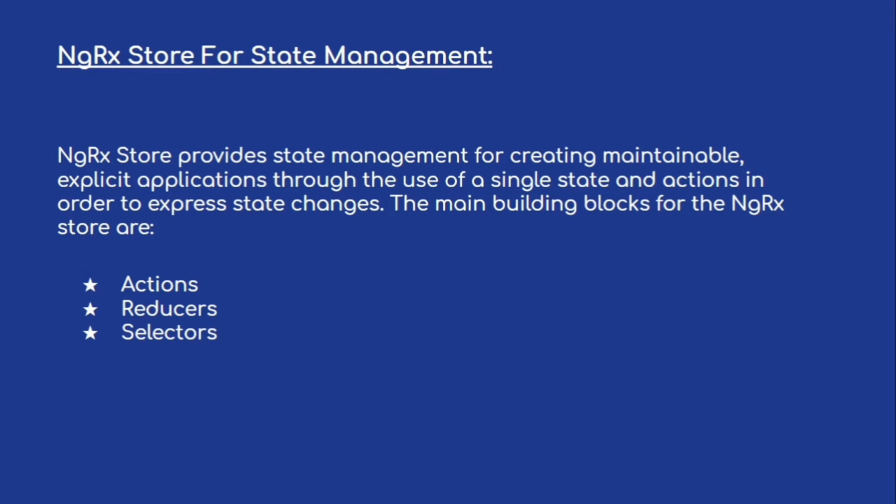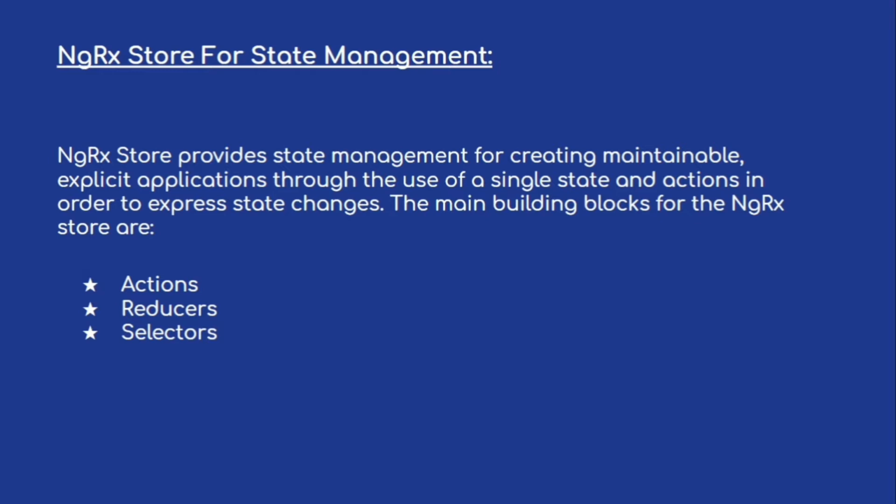Application data is nothing but data that is fetched from some external APIs or within the application. Some data can be stored in the state management, and that can be achieved using NgRx. In NgRx there are three main building blocks for constructing the store management.